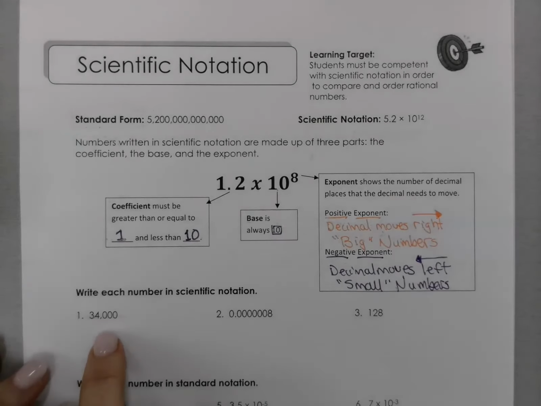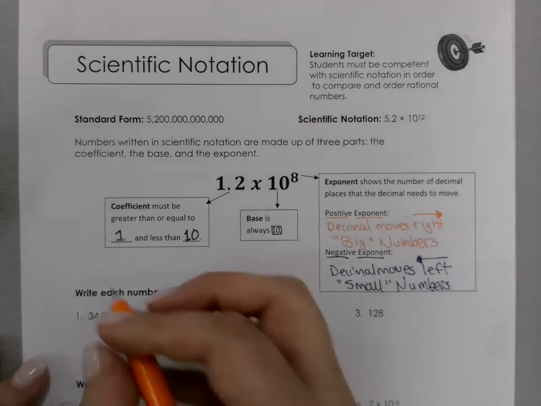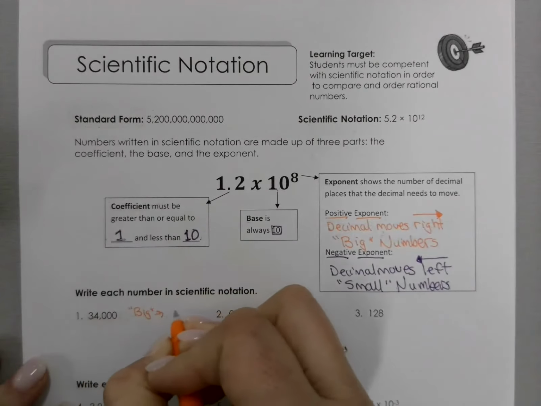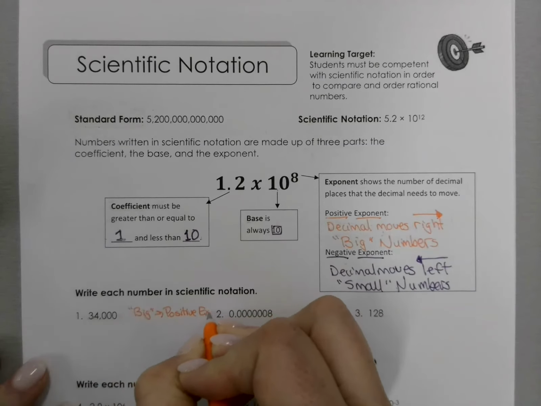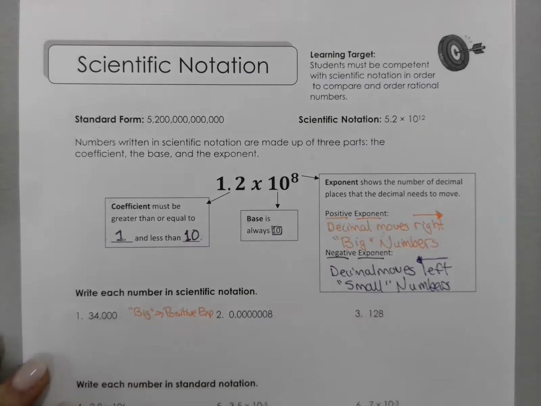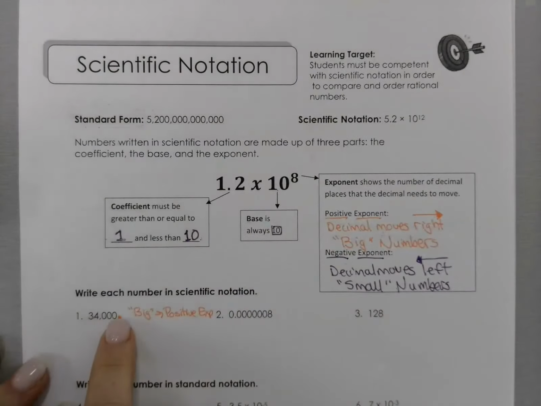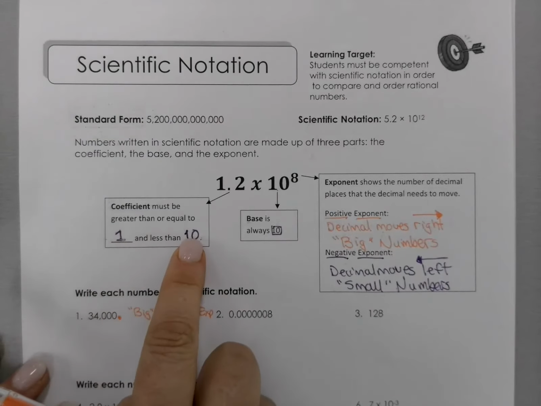I want to write 34,000 in scientific notation. The first thing I'm going to think about is that is a big number, right? So I am going to end up with a positive exponent. Now I need to move my decimal, and a decimal in a whole number is always right here at the end, so that I can get a number between 1 and 10.